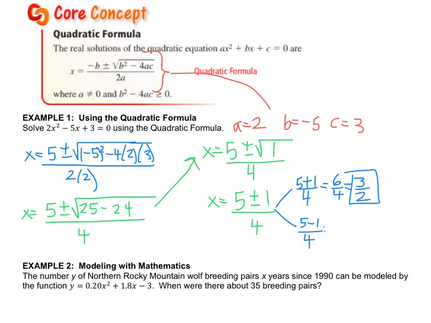And then that gives me 4 over 4, which is the number 1. So the 2 answers for x are 3 halves and 1. There you go. We didn't need to factor, we didn't need to graph, we didn't need to figure out half of b, we didn't need to square root, any of that. We just crank it right through the formula.